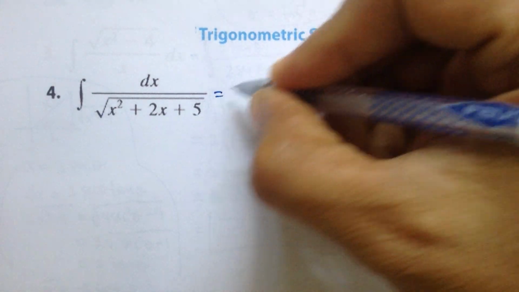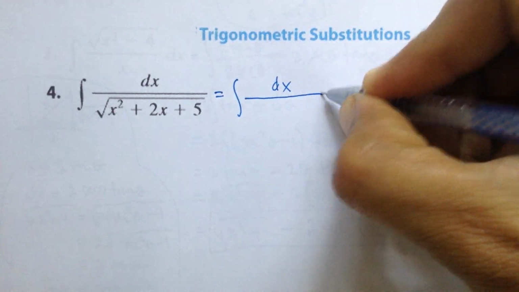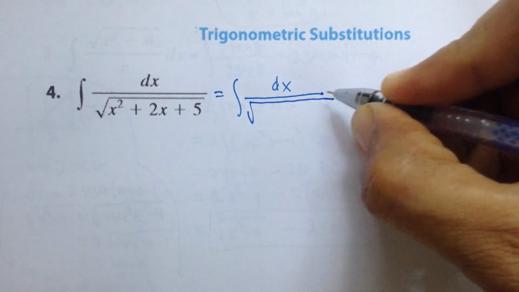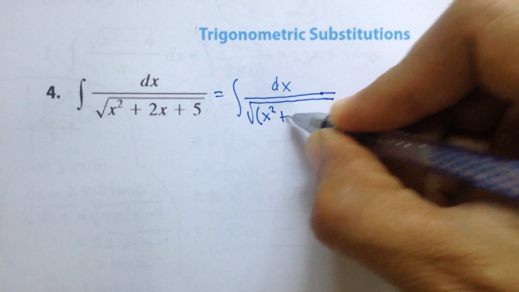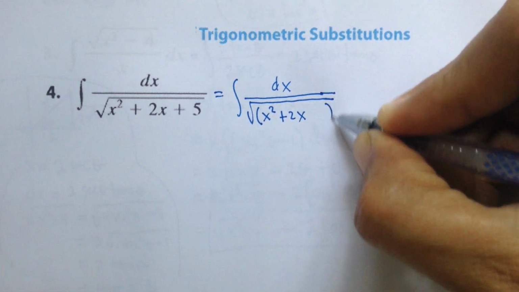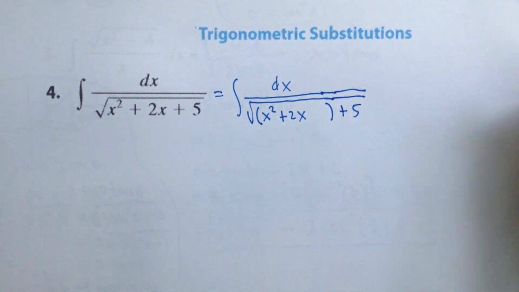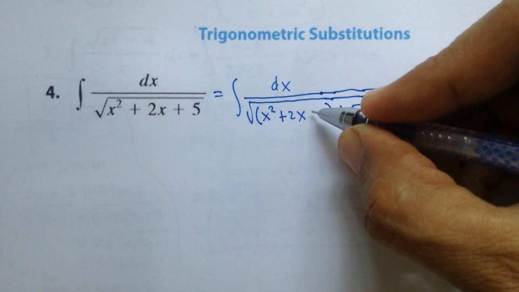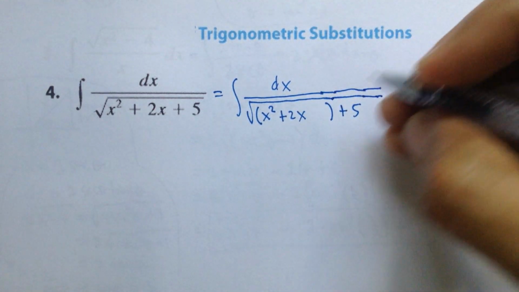So let's do that. Integral of dx over square root of x squared plus 2x. Now I can separate this 5 here so that I'm free to provide an expression so that this will become a complete square.